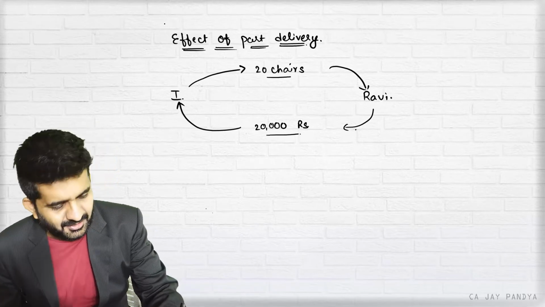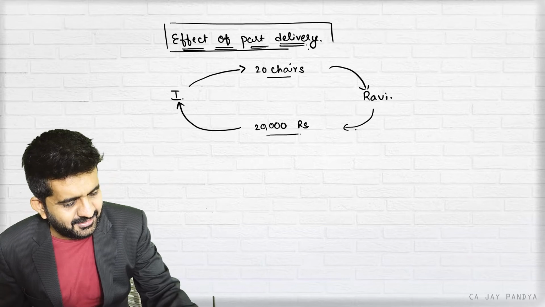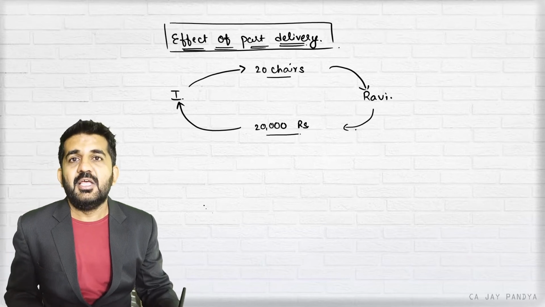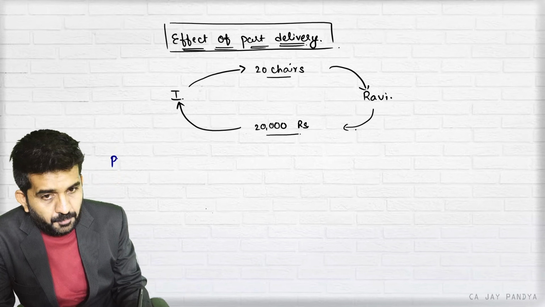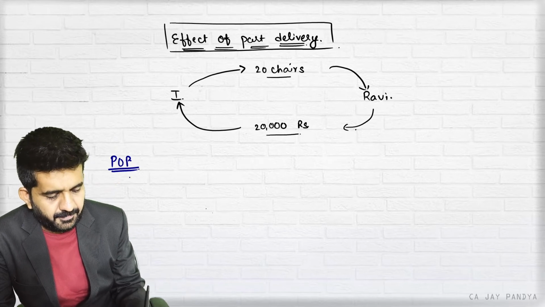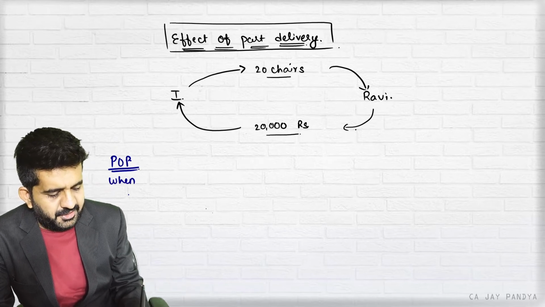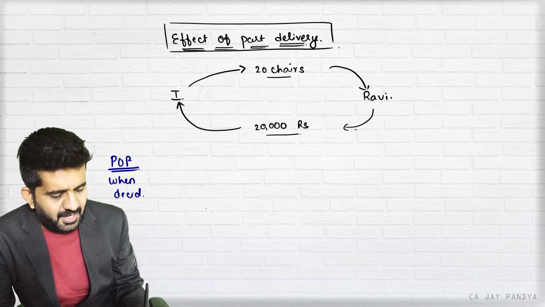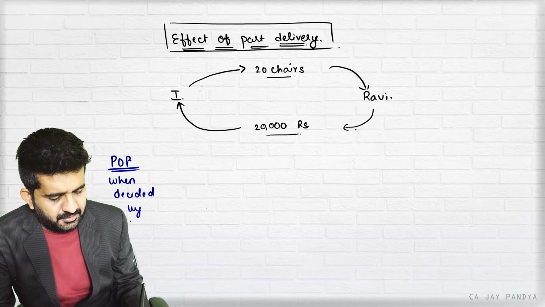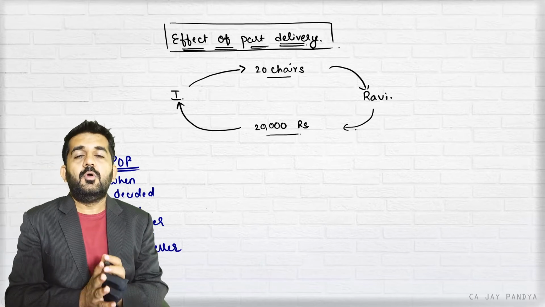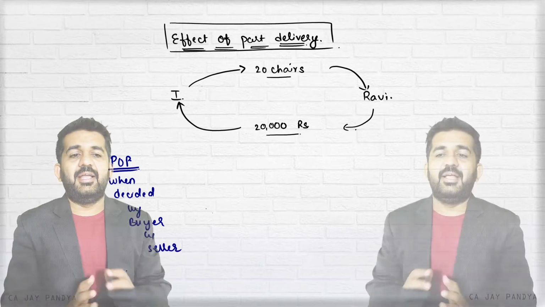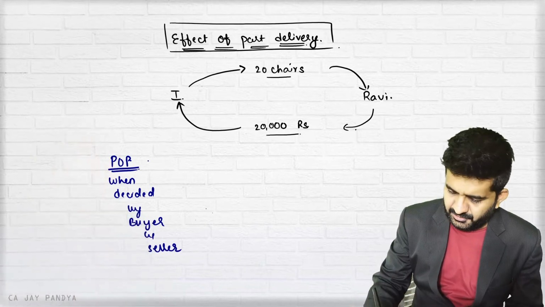Here there is a heading of delivery, so I think you might have understood this. But the passing of property happens when it is decided by the buyer and seller.